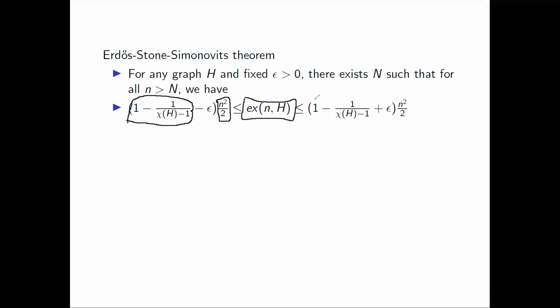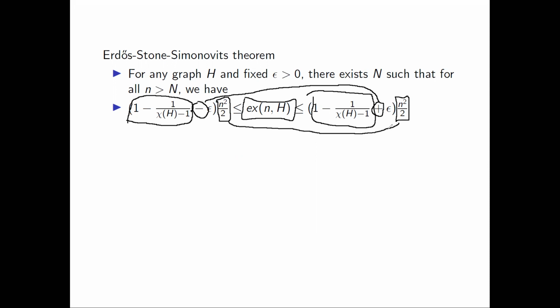That's our lower bound. Our upper bound has the same beginning, 1 minus 1 over the chromatic number of H minus 1, but then we're adding an epsilon. So I just want to point out the difference here. We have a plus here, we have a minus here. That's the only difference between these upper and lower bounds. And we still have that n squared over 2.